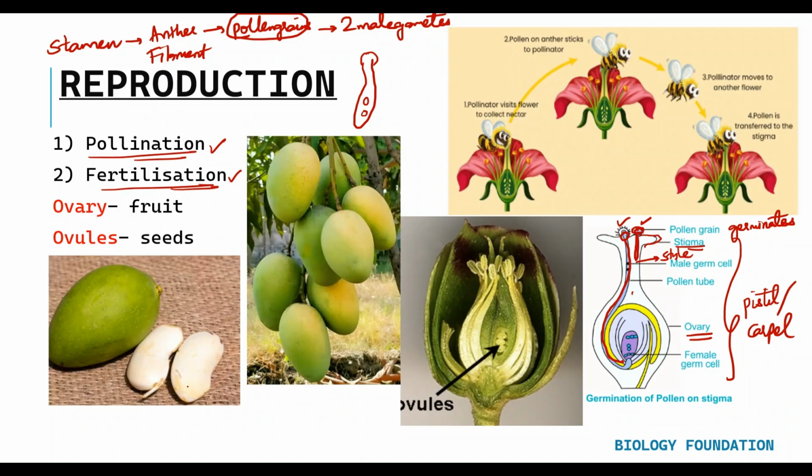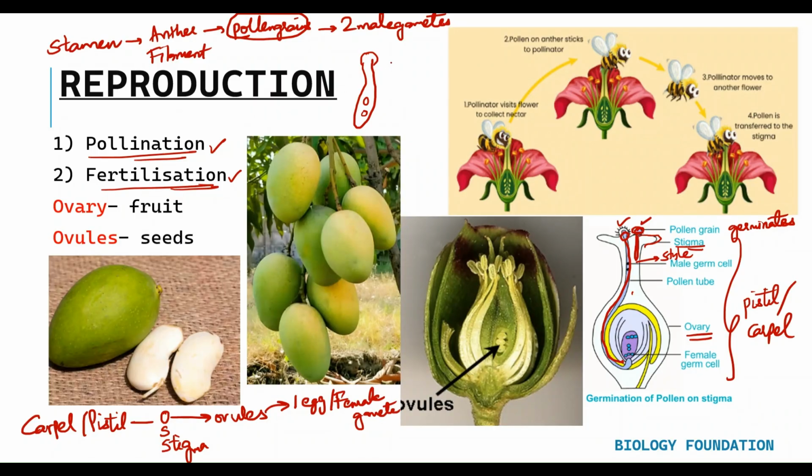Now, if you remember, I told you the female reproductive organ in a flower is carpel or pistil, and it consists of three parts, that is ovary, style, and the stigma, right? Inside the ovary, what do you have? Ovules are present, and inside each ovule you have one egg or female gamete, right?